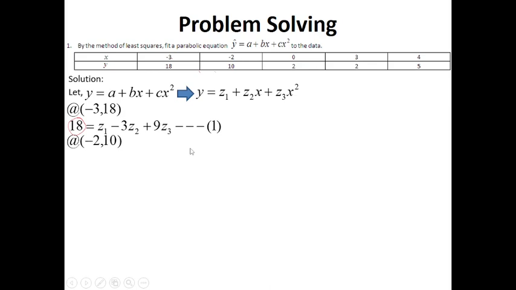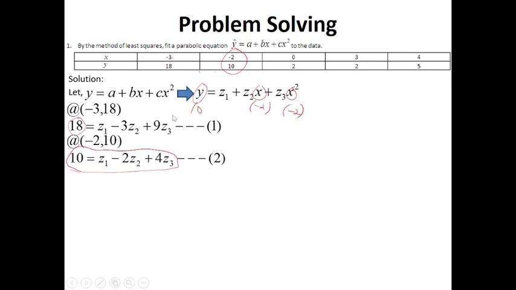For the second linear equation, we consider negative 2 and 10. And this will be the result. Y is 10. Then x is negative 2. And this will be the obtained equation.